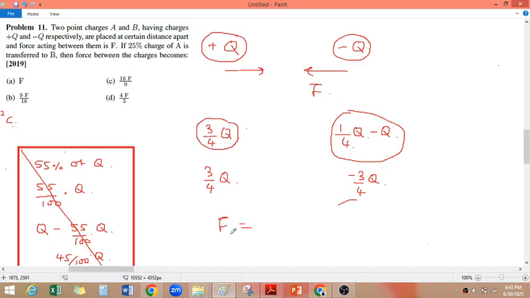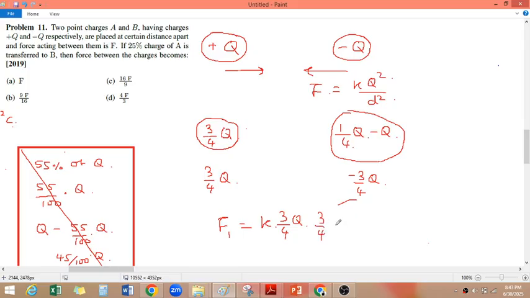So F is equal to, or let's call this F1. Here F would have been k q square divided by d square. Now k times 3 by 4 q into minus 1. I can ignore the sign because you know that it is attraction.